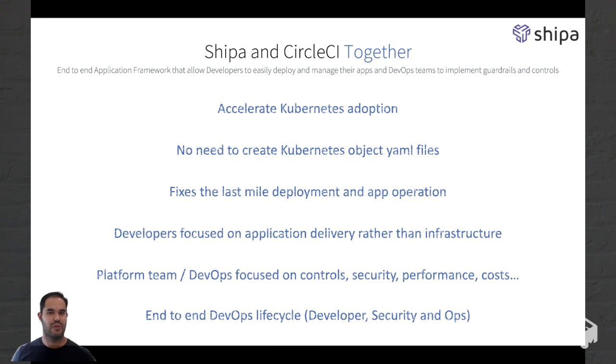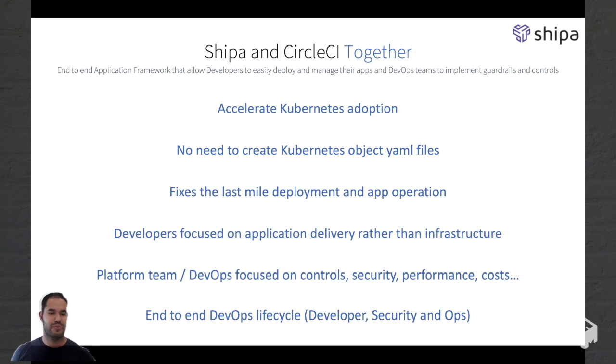At the end of the day, what we're doing with this integration is helping organizations accelerate Kubernetes adoption. We're removing completely the need for your team to be creating custom scripts, Helm charts, and managing YAML files for the last mile deployment. And with that, we're fixing the last mile deployment and getting you focused on the app operation instead.